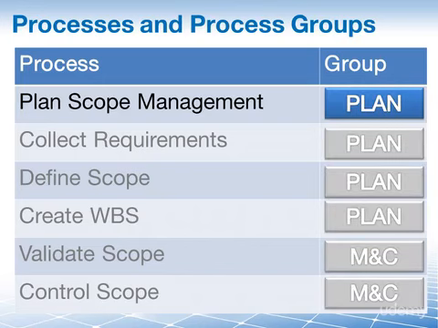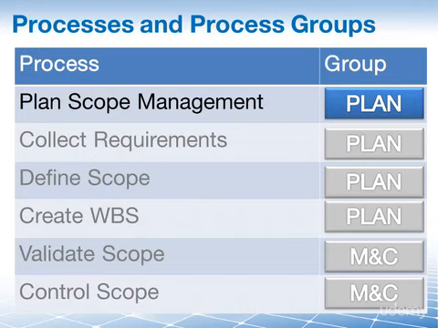Well, far from it. Project scope management only concerns itself with planning how we build the scope and also monitoring and controlling, making sure that it is built the way it was supposed to be built. The actual building happens in project integration management. Anyway, the first process here is plan scope management.